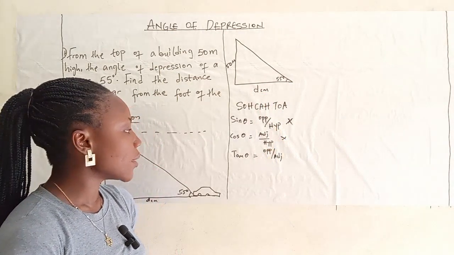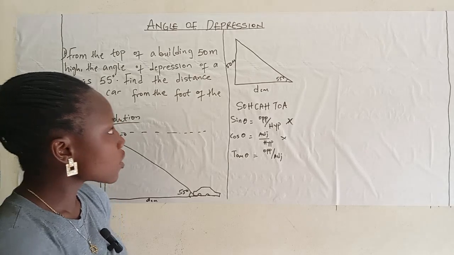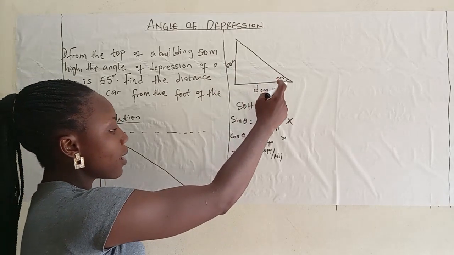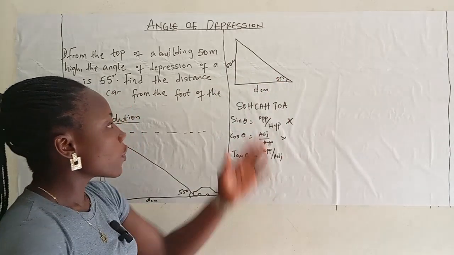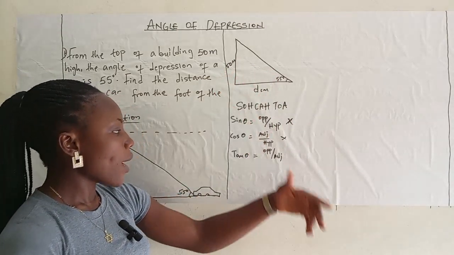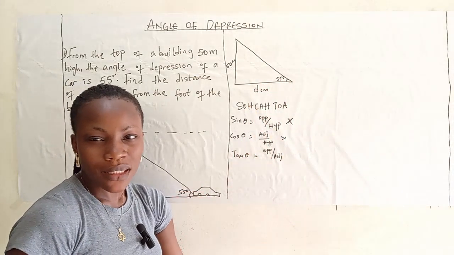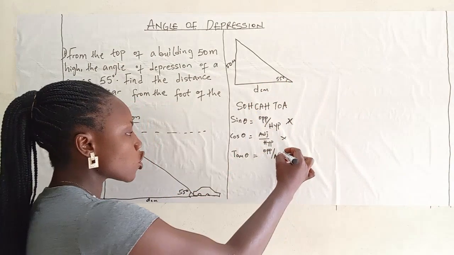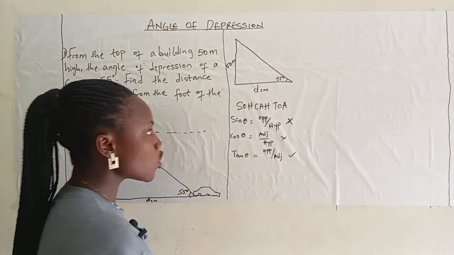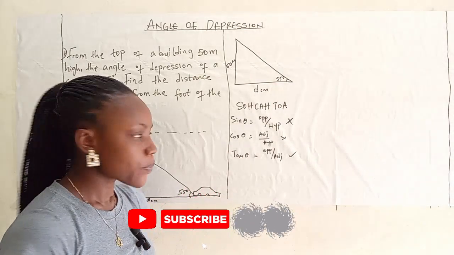Now let's look at tan. Tan theta is opposite over adjacent. Our opposite is known, while our adjacent is unknown, and also the side we are asked to find. So we will be able to use tan theta to find our adjacent.